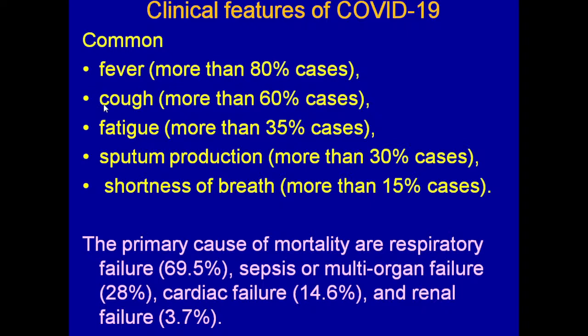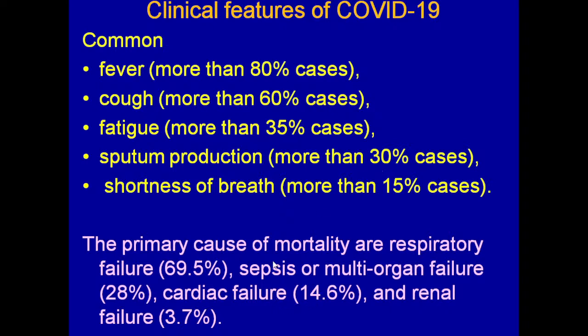Then, cough is very close to it because it is seen in up to 60% of cases. Fatigue, 35% of cases. Sputum production is not very typical, my dears, just in around 30% of cases. And shortness of breath, more than 15% of cases.